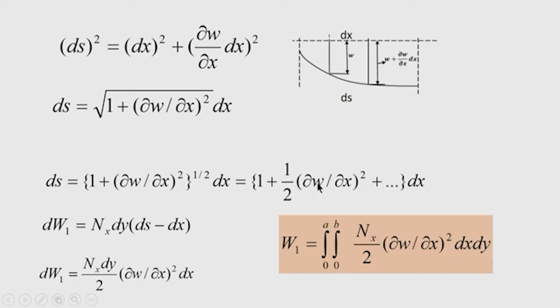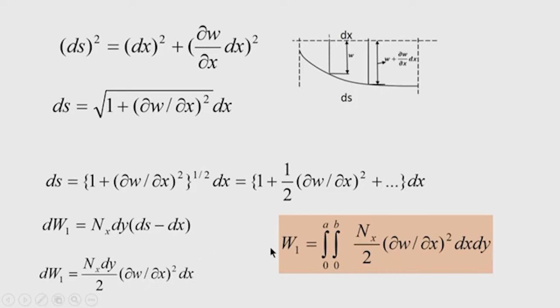So, we write the work done by the Nx dy force on the strip of width dy as Nx dy by 2 multiplied by del w by del x whole square into dx.